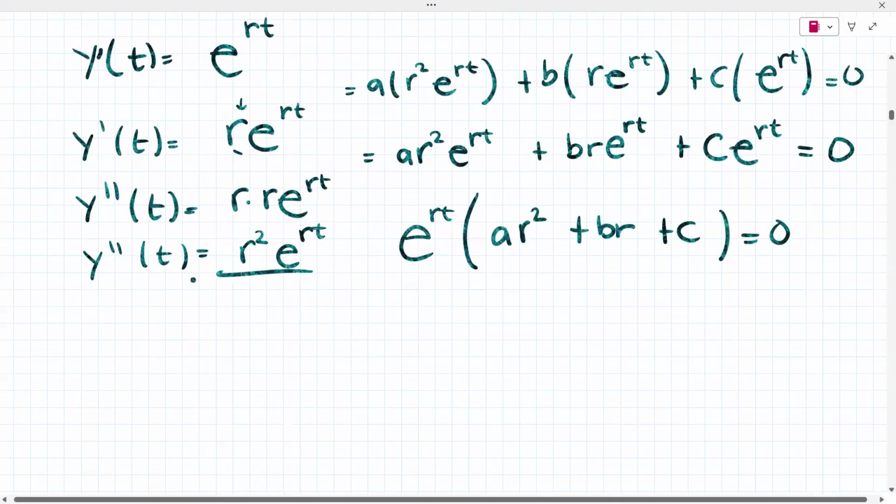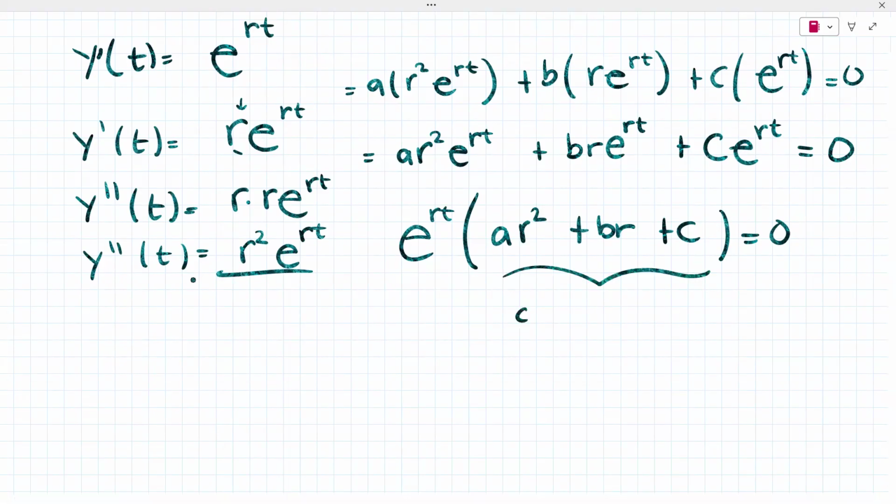And we know this is a characteristic equation. And we also know that e raised to the rt can never equal 0.